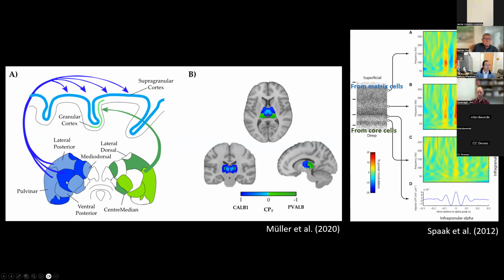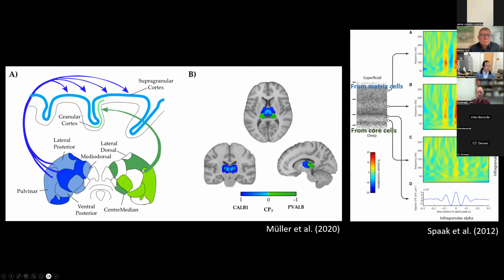This diffusive thing goes everywhere in the brain, but the core means it modulates specific functions such as motor and some of these specific functions. And an interesting fact is that the matrix projects to the superficial layers, and the core projects to the deep layers. And this is the within-thalamus distribution of the matrix and core cells.